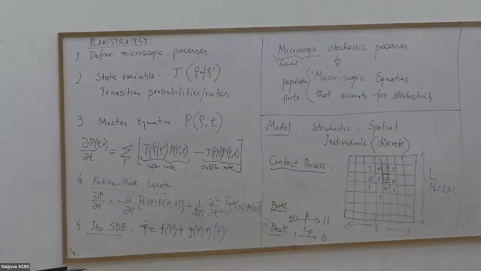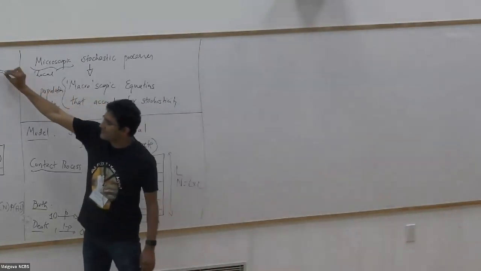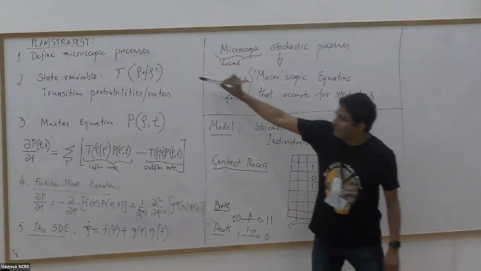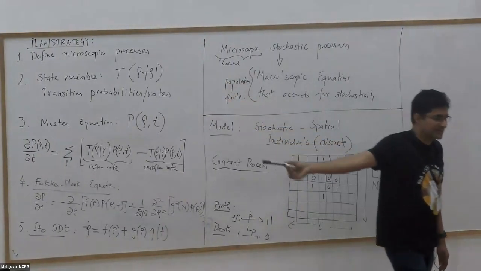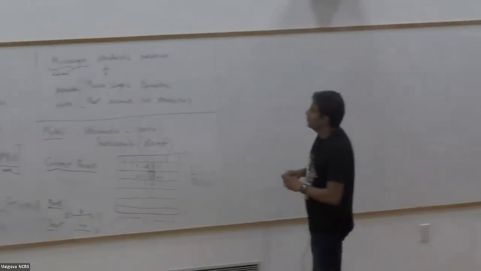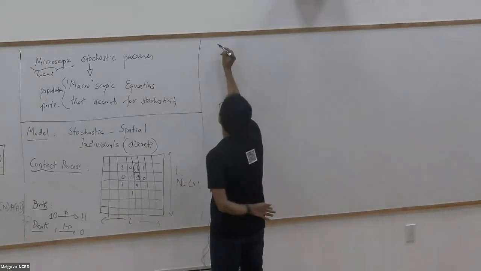Okay, so let's now write down what's the next thing we should do. We have defined the microscopic processes, the contact process. Once you have done that, the next thing to do would be to write the transition probabilities. Shall we go there now? Okay, cool. So now let us define the state variable for us.